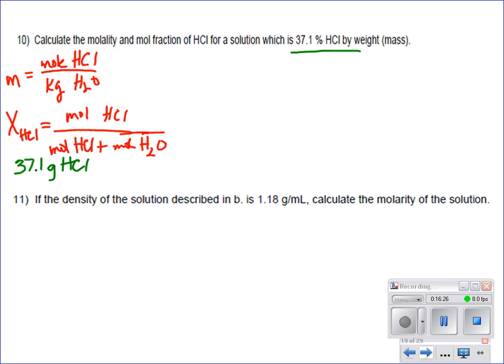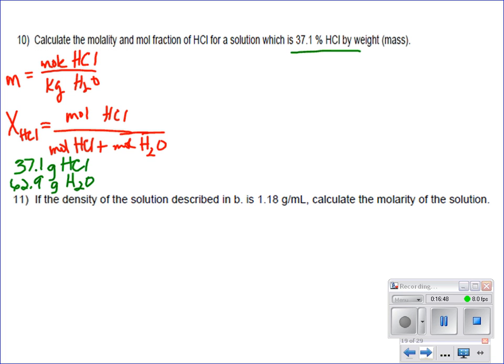No, 100 grams of solution. That doesn't help me. I want water specifics. So 62.9 grams of H2O. So by subtracting the 37.1 from 100, you now have grams of everything.